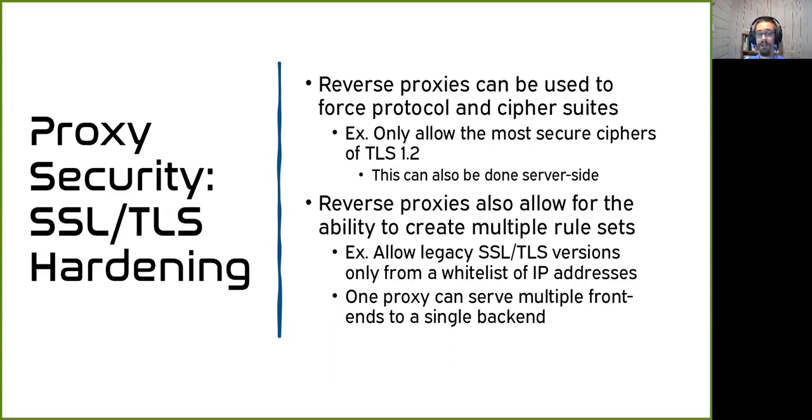I have legacy clients who, one MSP I was talking to earlier this week had a lot of embedded POS systems, and they were stuck with TLS 1.0. So what you can do in a situation like that, you can have multiple front ends served up by your proxy.